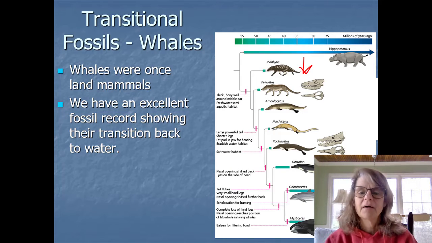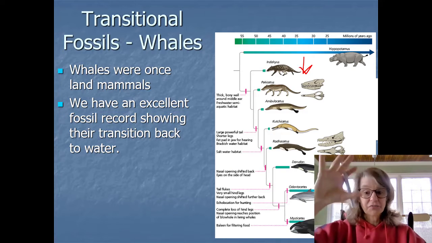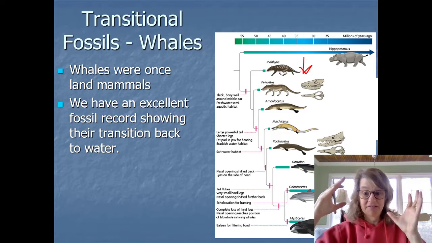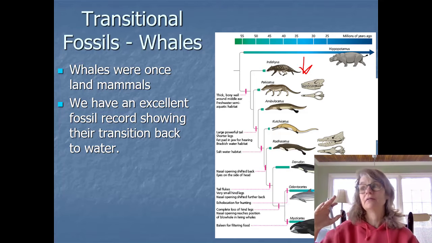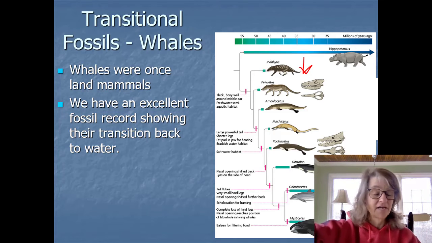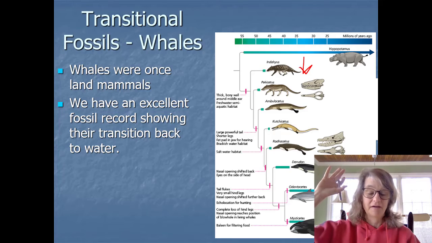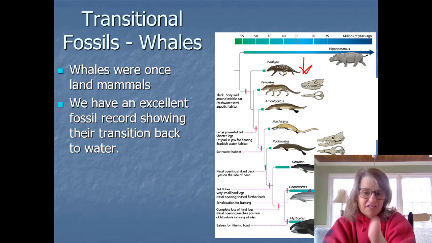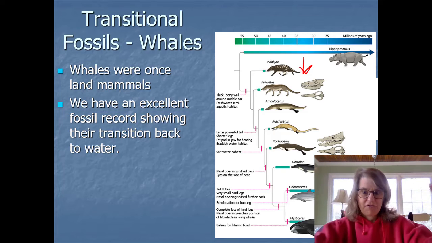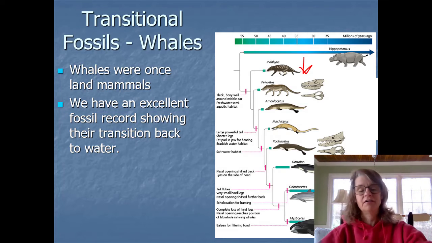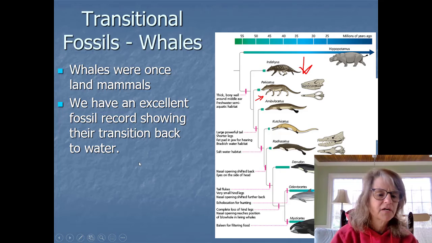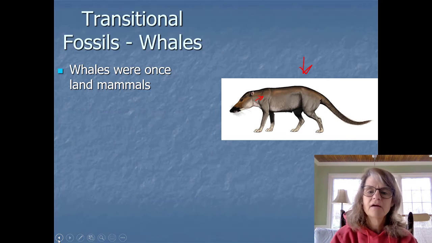So here's the fossil record showing the evolution of whales. It is brilliant. It is clear. When someday we can all go outside again, the Natural History Museum in DC has a beautiful display showing essentially this exact diagram, but it's 3D, and you can walk underneath it. It's amazing. So I believe this right here is what I just showed you a picture of here.